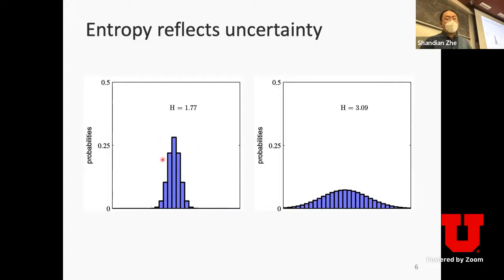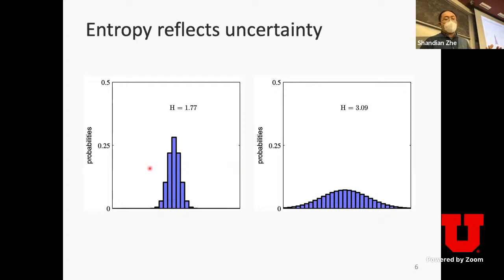So we can see that for the first random variable, the probability distribution is more concentrated, right? It has a much greater chance to take the value here, and much less chance to take a value away from the mean. By contrast, take a look at the second random variable. Although it also has the largest chance to take the value in the middle, it also has quite a large chance to take a value far away from the middle.